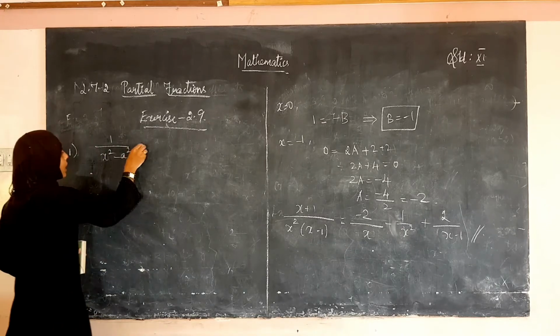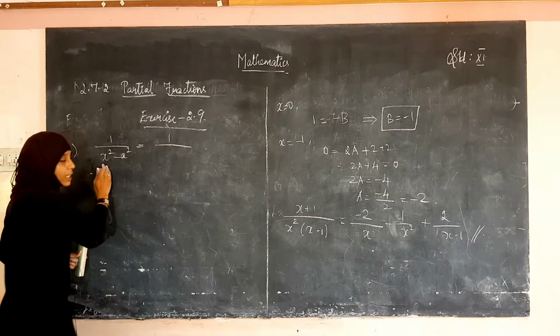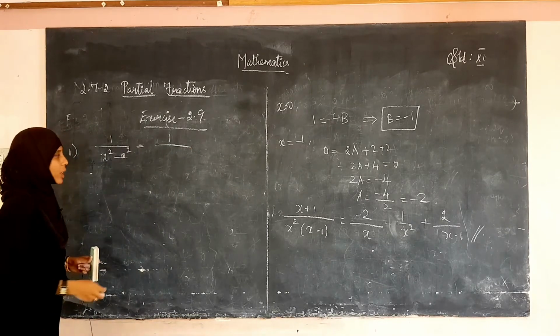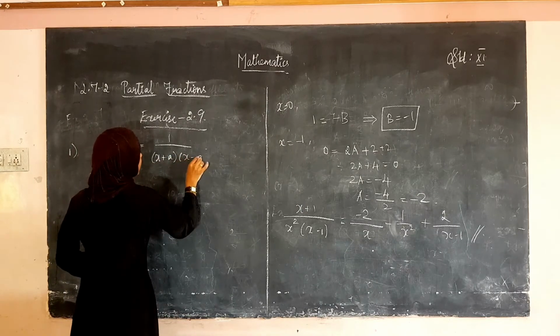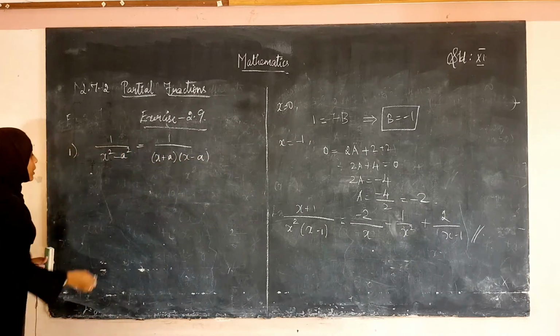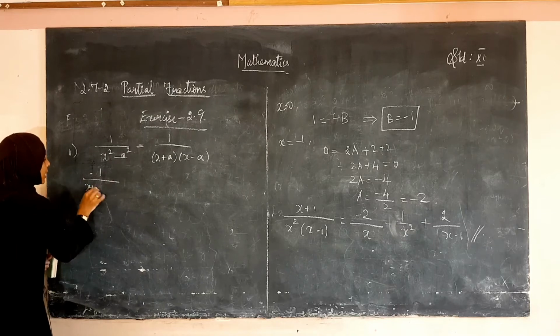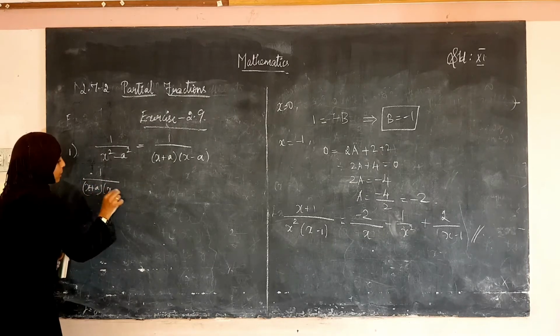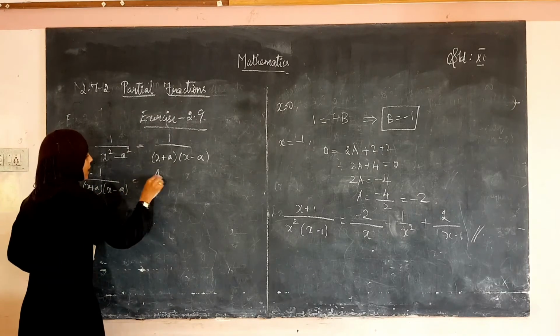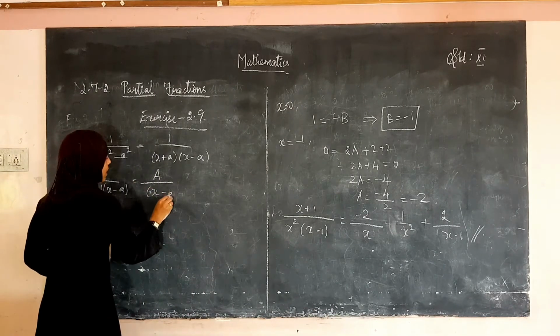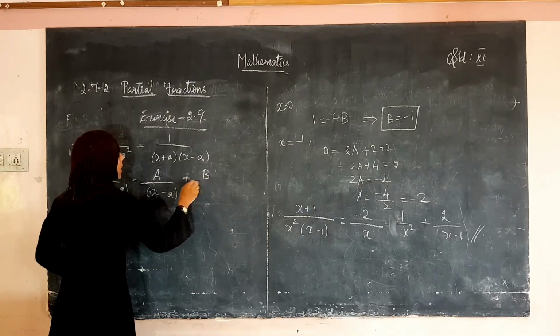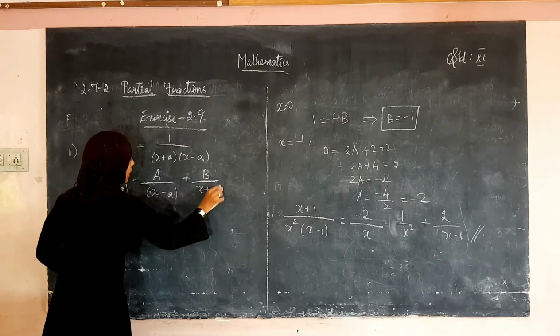So 1 divided by a square minus b square format, this can be written as x plus a into x minus a. So 1 divided by x plus a into x minus a is equal to A divided by x minus a plus B divided by x plus a.